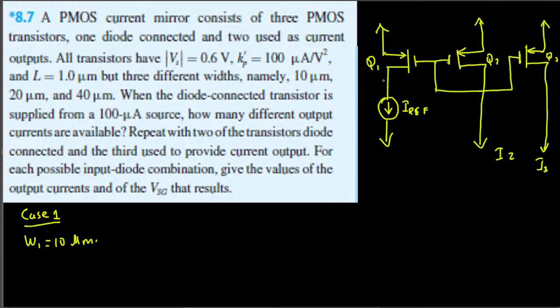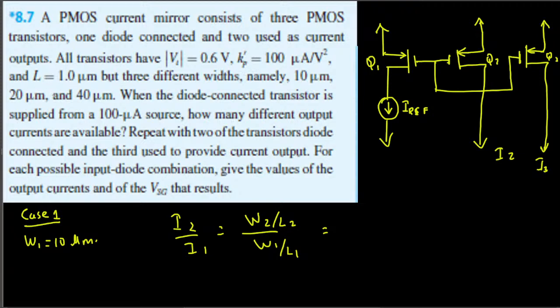And if I take the ratio of this one and this one, that will become I2 over I1 is equal to width 2 over length 2 over width 1 over length 1, and the lengths are equal. It's mentioned right here, length is equal to 1.0 micrometer but 3 different widths.